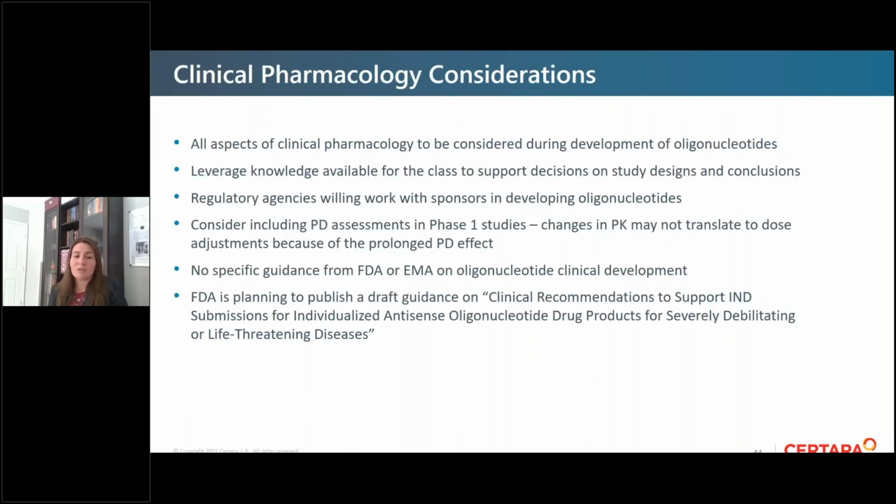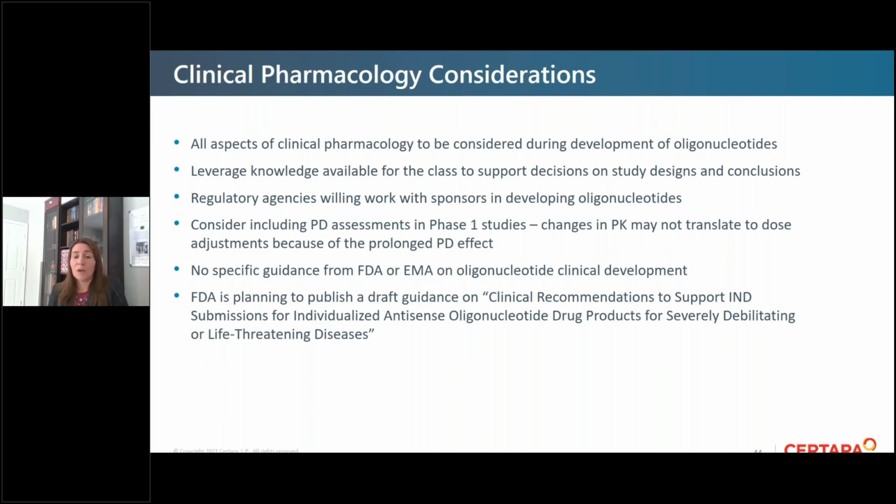So overall, in terms of the clinical pharmacology aspects, I just wanted to share a couple of examples and results of different studies and approaches that have been applied to the development of oligonucleotides. It is important that we leverage the knowledge that is available for the class, as well as the clinical pharmacology knowledge on how we do drug development, to support understanding of how intrinsic and extrinsic factors impact PK and what the optimal dose regimen is for patients.